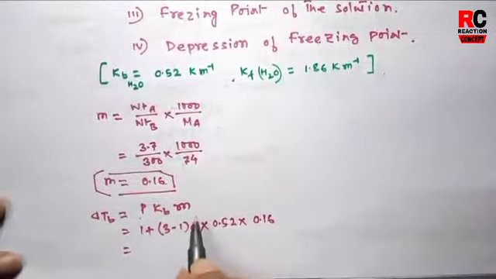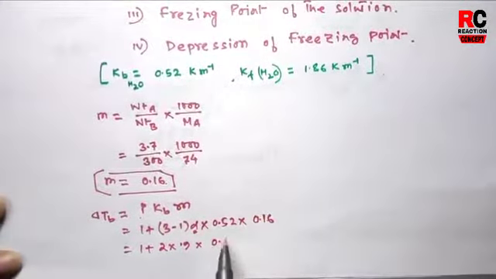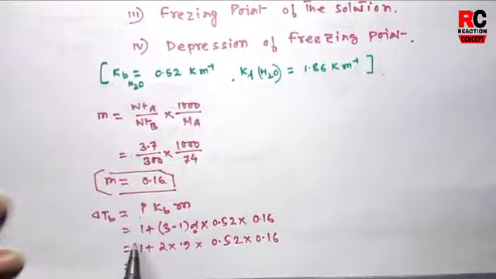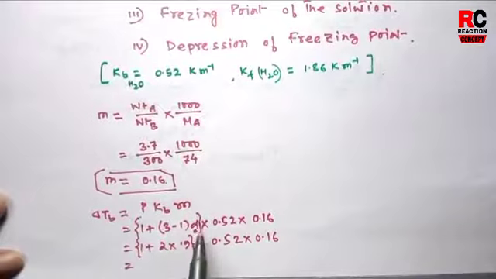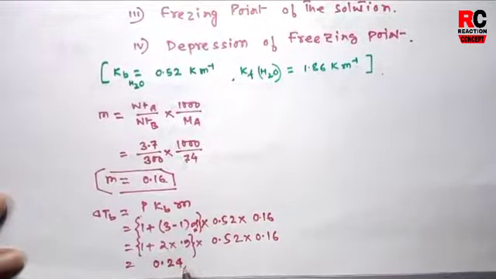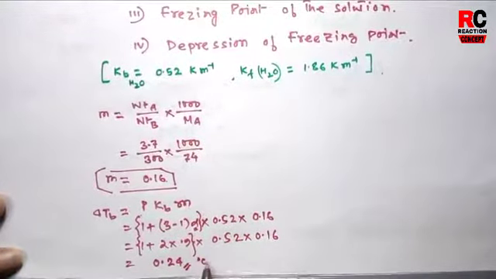If we calculate this, we get a value of 0.24. This is the elevation of boiling point. It could be in degree Celsius or Kelvin, since it is a temperature difference.